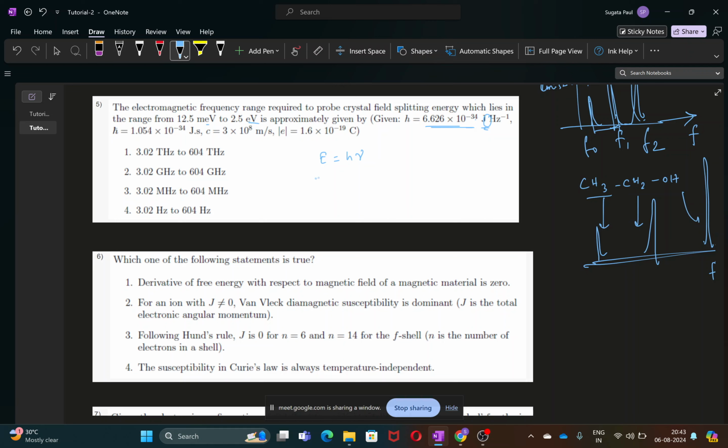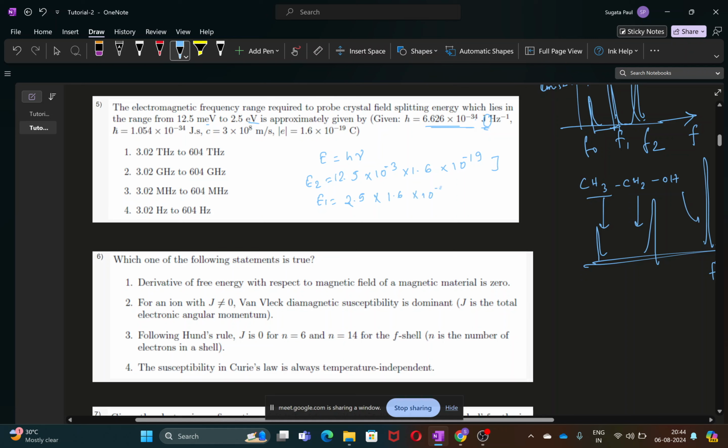So basically, if your E2 is 12.5 MeV, that means 12.5 into 10 to the power minus 3 electron volt. Now convert into joule. Electron volt to joule means you have to multiply by another factor of 1.6 into 10 to the power minus 19. This is the joule energy value. Similarly, E1 is simply 2.5 electron volt, that is 2.5 into 1.6 into 10 to the power of minus 19 joule.